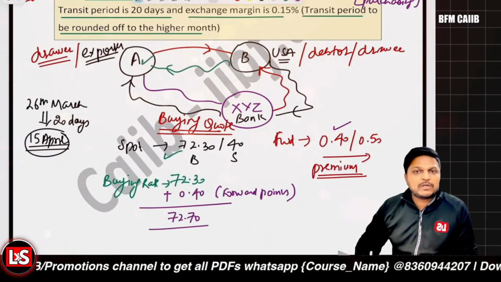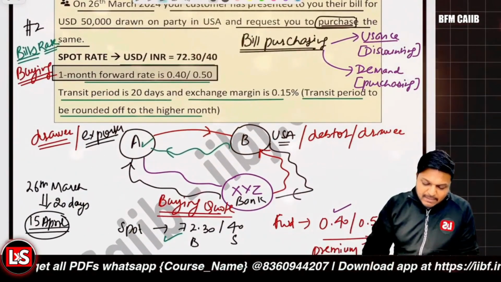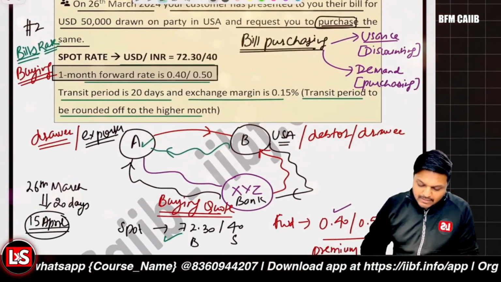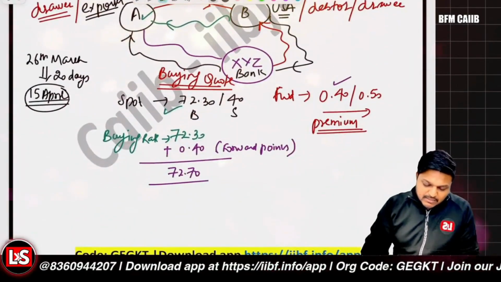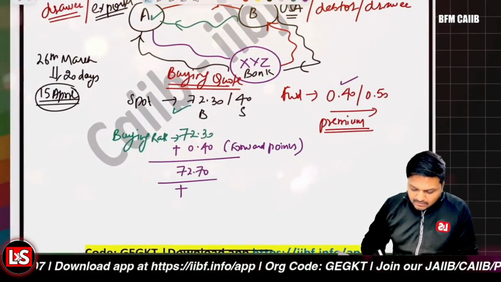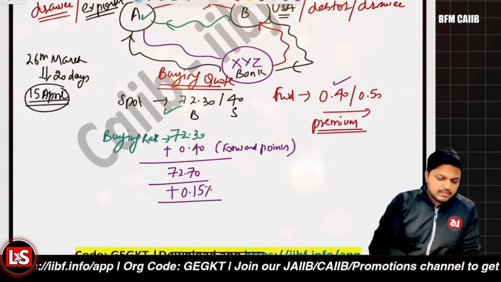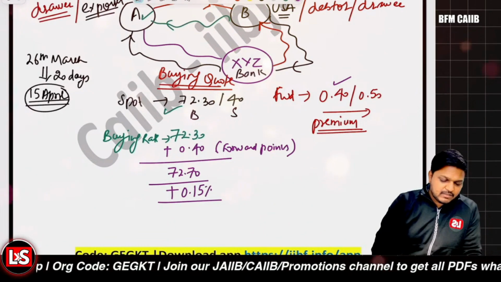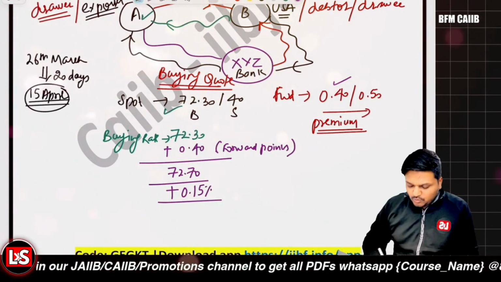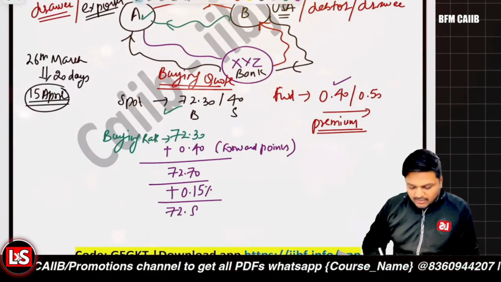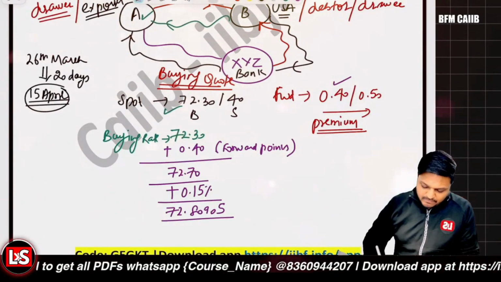But keep in mind the exchange margin of 0.15% is also applicable. So it is plus 0.15%. That is to be added up. So 72.7 plus 0.15% is 72.80905.